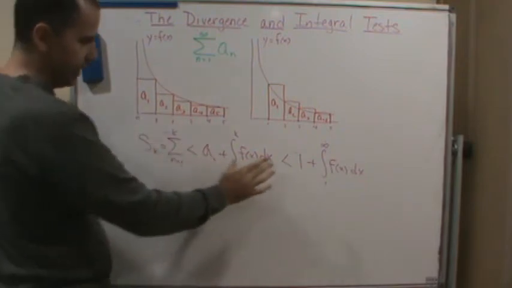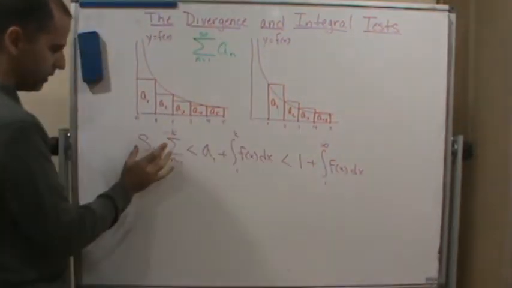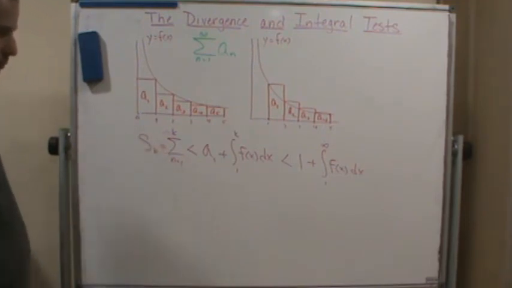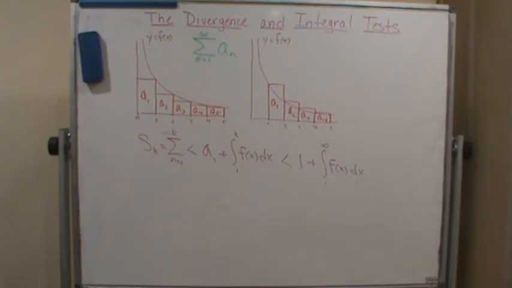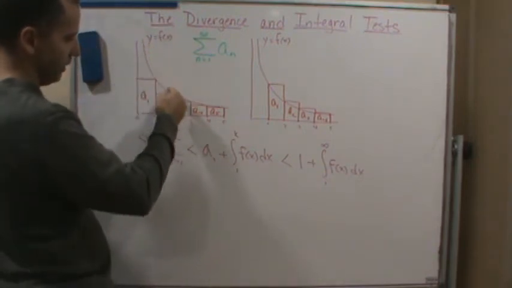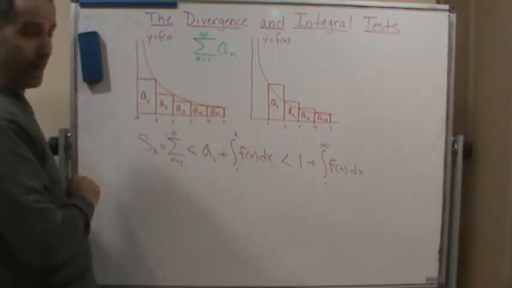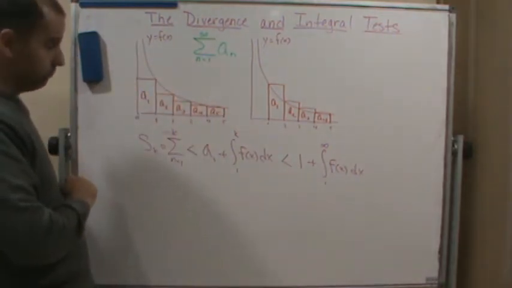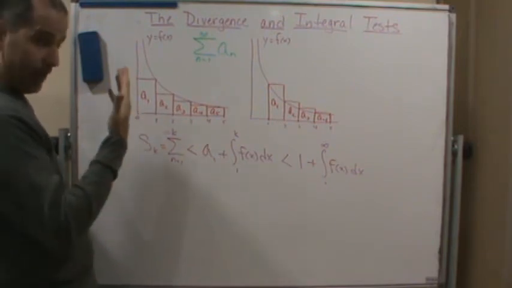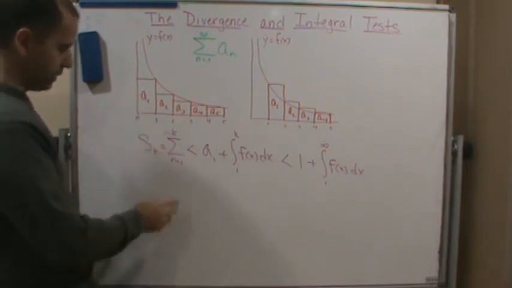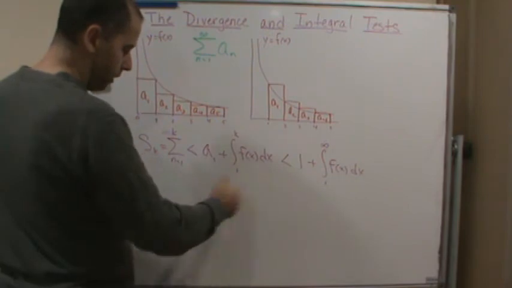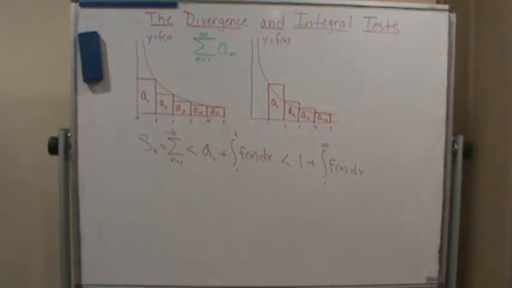And since f is a continuous, decreasing, positive function of x, we have a bounded increasing sequence of partial sums. Therefore, by the monotone convergence theorem, the sequence of partial sums must converge.